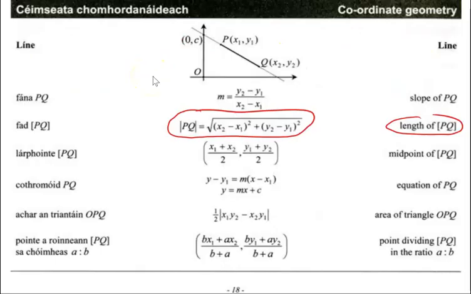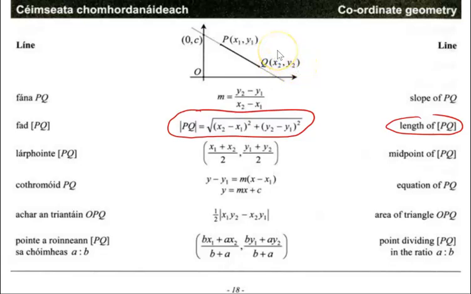We're going to go to our formula book, page 18. Now this is coordinate geometry of the line, but we often use this formula and a couple of the other formulas in the circle question. So the length of PQ, we see in our diagram up here, we have a line PQ, and the point P is labeled x1, y1, and the point Q is labeled x2, y2.